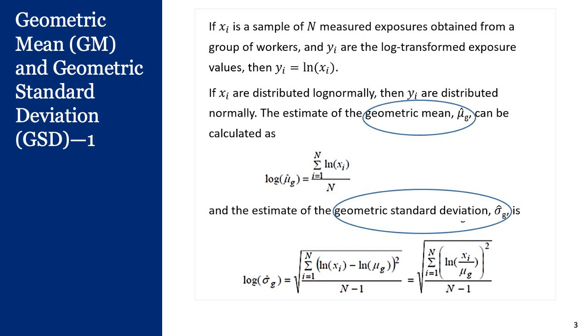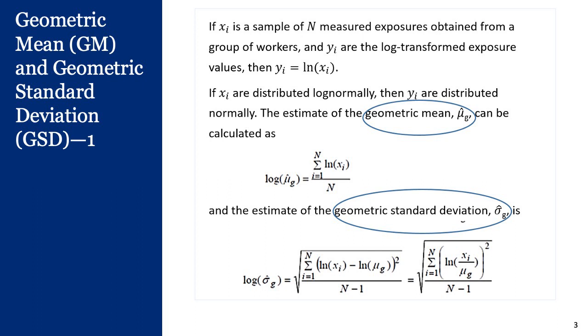If x sub i is a sample of n measured exposures obtained from a group of workers, and if we then obtain the log transformation of each of these x_i, then we get the y_i's, which are the log transformed values, and y_i is the natural log of x_i. And if x_i are log normally distributed, then the y's are normally distributed.